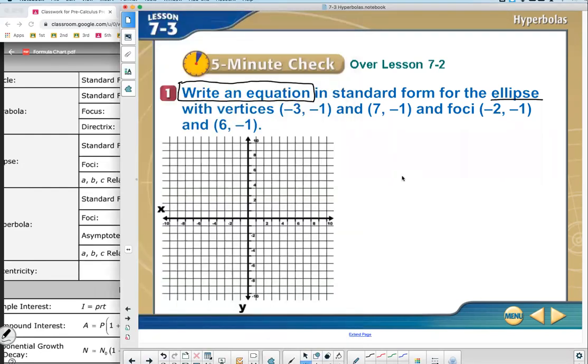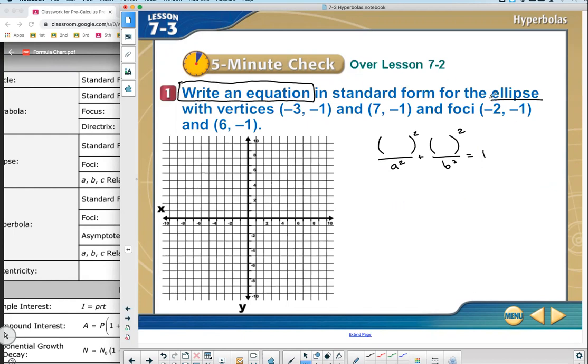So what I'm going to start off with is, I don't know what that first quantity is, but I do know it'll be placed in the numerator, and a squared in the denominator. And my second fraction, I don't know the numerator, but I do know the denominator will be b squared. All that will be set equal to 1. So that's what's common between the two formulas.